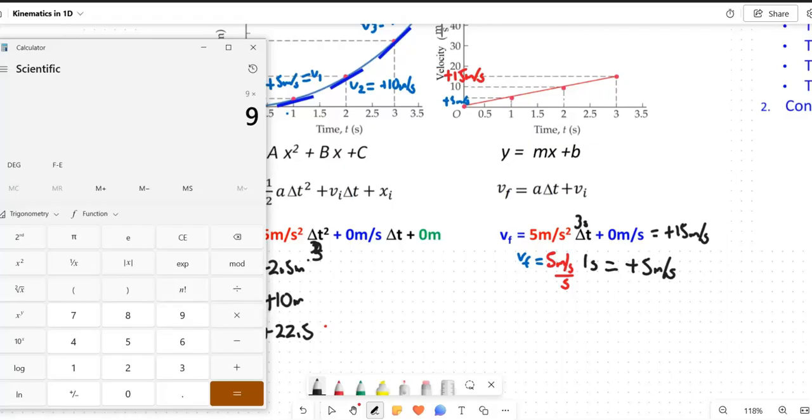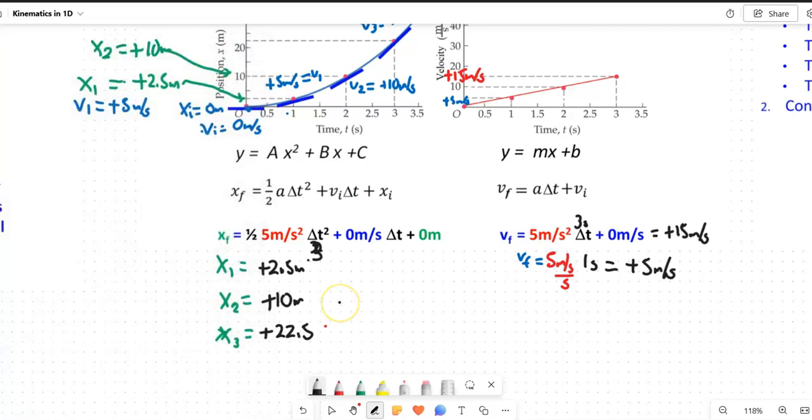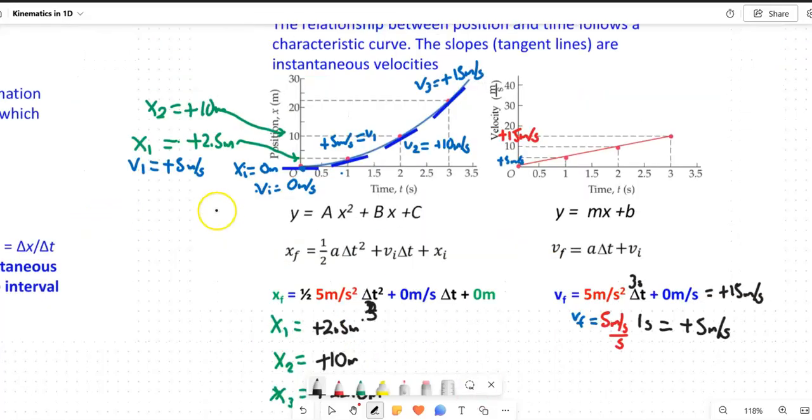So 9 times 5 divided by 2. I should learn to trust myself. So this is going to be its final position after 3 seconds. So this is its last position, and that is occurring at the 3rd second.